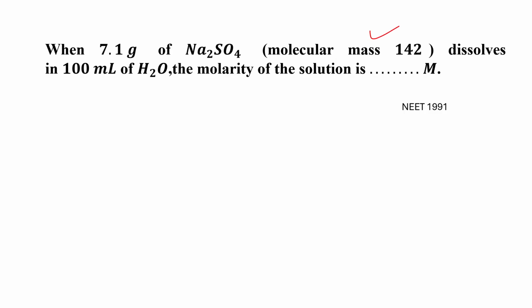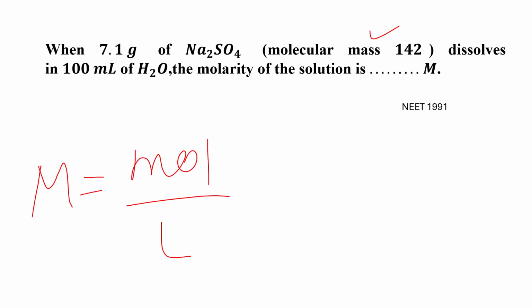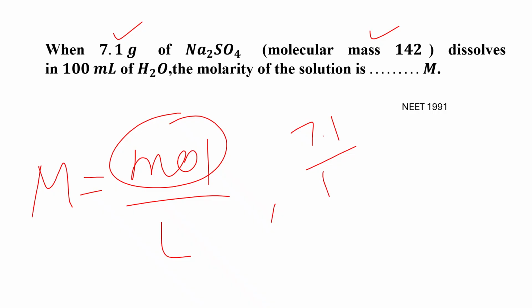So we need to take the number of moles, because molarity is nothing but mole per liter. Mole is nothing but given weight divided by molecular weight. Given weight is 7.1, the molecular weight is 142. So 7.1 divided by 142.